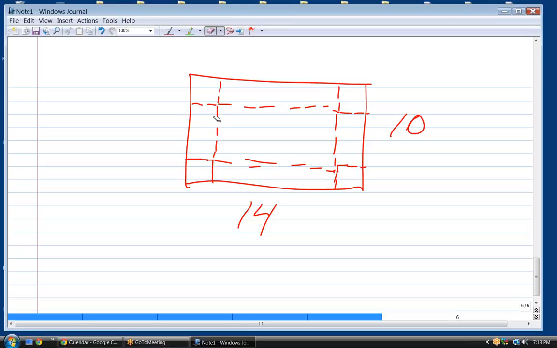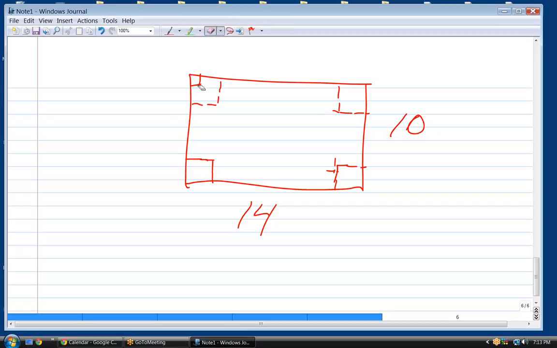Okay, let me erase those. I just drew that so you knew what they're talking about. So the question is, obviously if I make these really tiny, if I make these squares like that, I'm not going to have a very deep box, am I? No. So the volume won't necessarily be big.